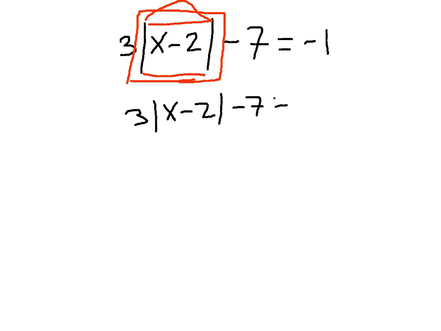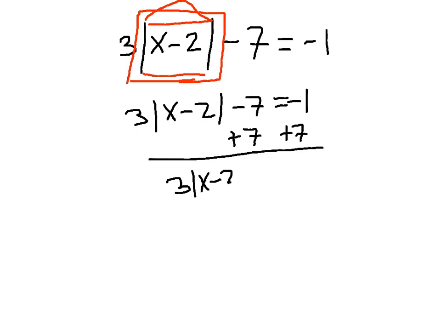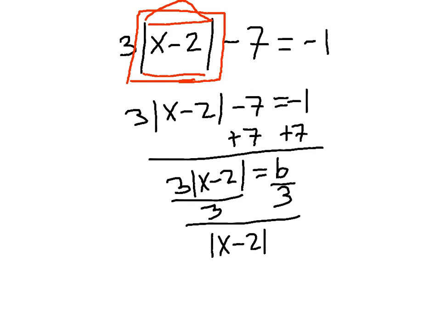Once I rewrite it, let's add a 7 to both sides. Then we have 3 times the absolute value of x minus 2 equal to 6. We can divide both sides by 3, and look what happens. When we isolate the absolute value, it's equal to a positive number. So really we're okay. Now we're told that the distance of x minus 2 from 0 is equal to 2. So in order to solve this, we have to set up our 2 equations.